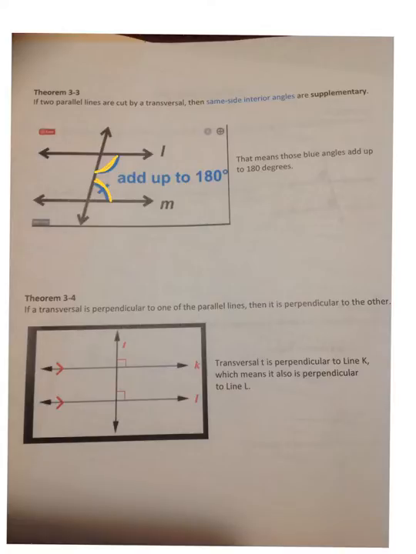So if we were to say that the angle right here was, we'll say 150, then this angle here must be 30 degrees. And the same can be said for these angles. These also will add up to be 180. Same side, and again, interior.